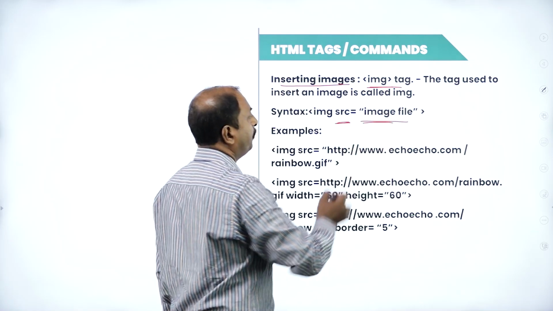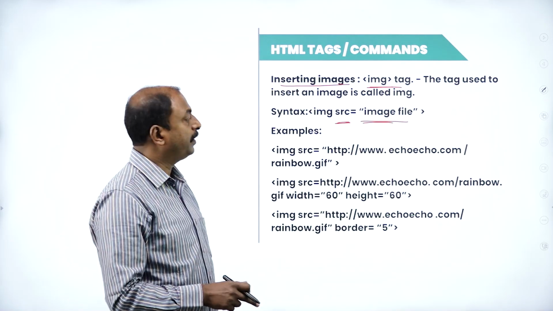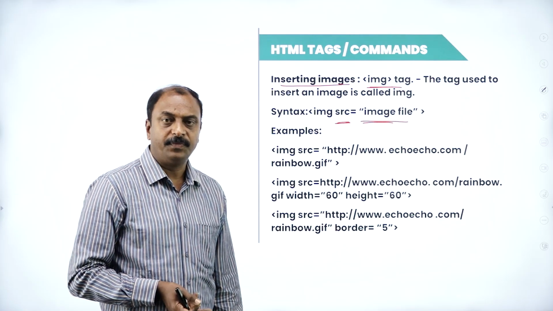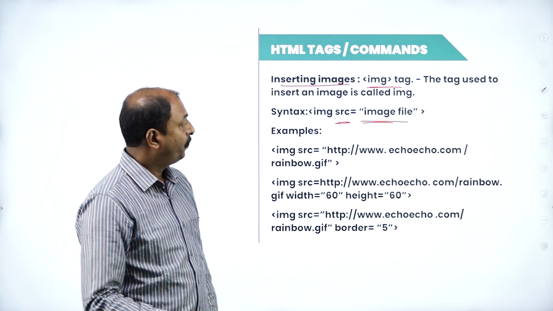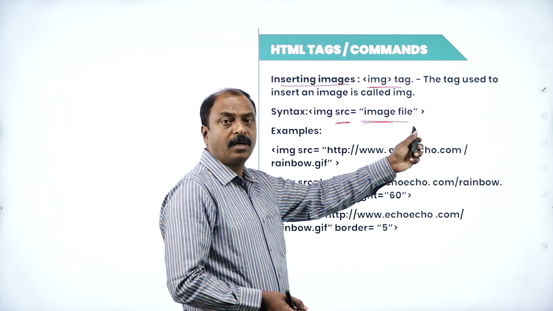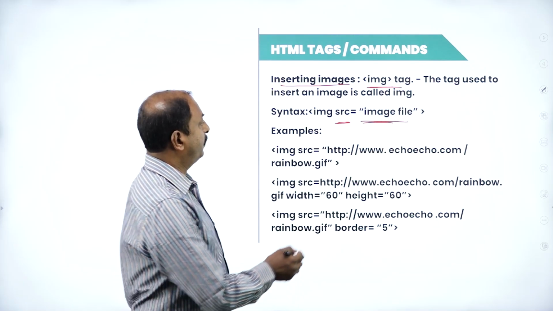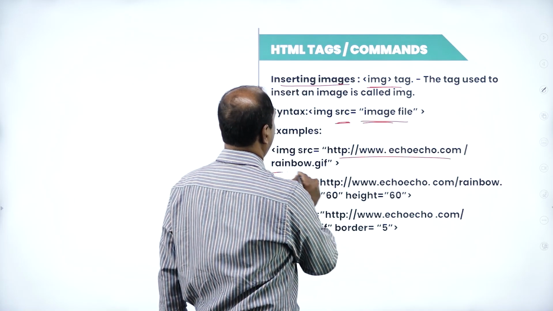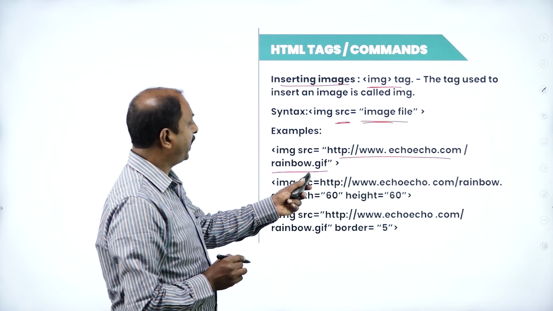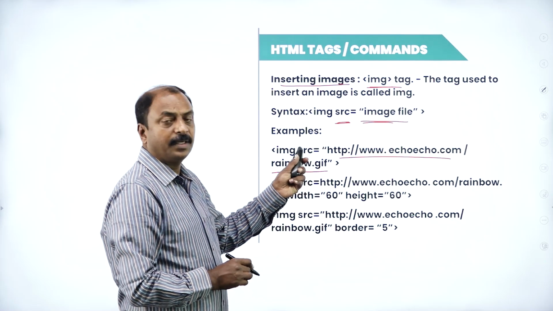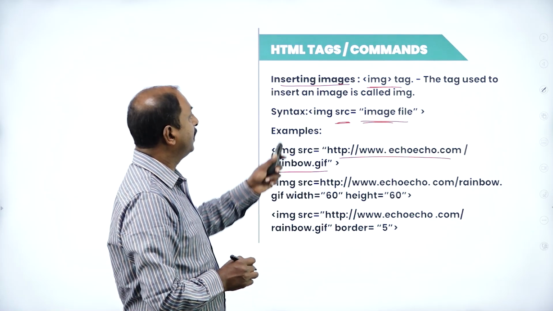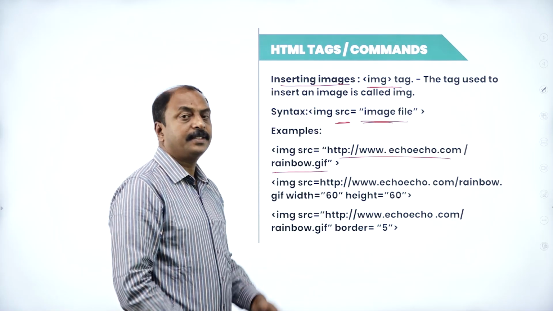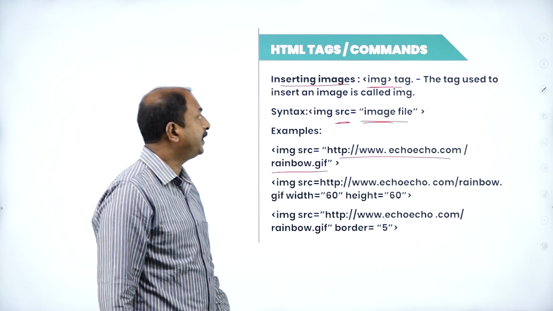This is the place where we give the file name of the image which we want to insert in a web page, with a proper address or with the exact path. For example, rainbow.gif is the file that will be inserted within the website. The img tag is used to insert an image into a website.